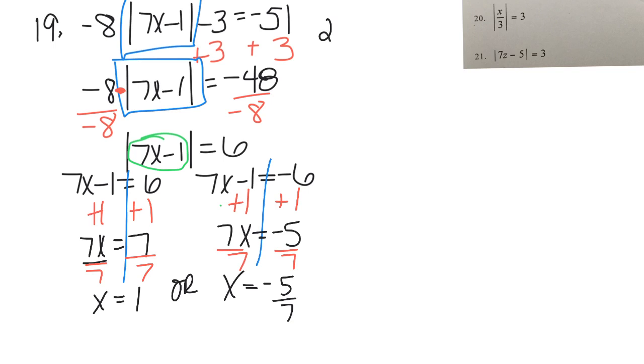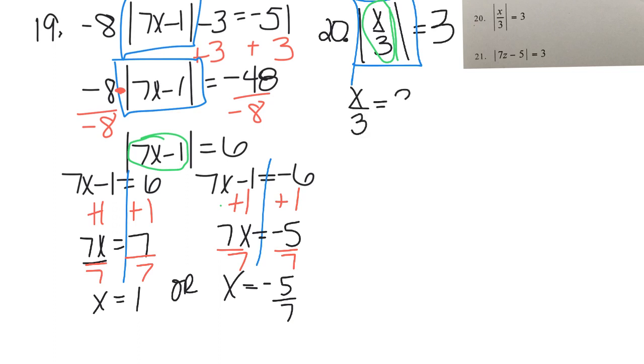Number 20, absolute value of x divided by 3 equals 3. There's nothing outside the absolute value. It's already by itself here, so I can just write my two equations. What's inside, x divided by 3, could equal 3, or x divided by 3 could equal negative 3.